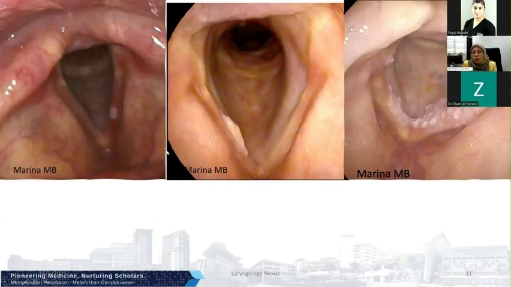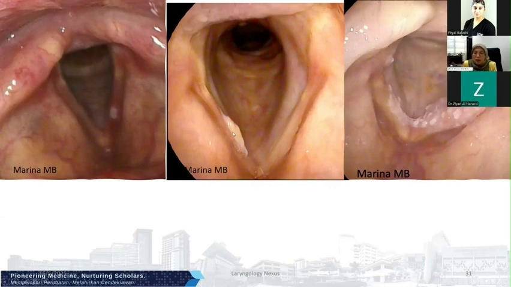So I have my own collection of cases which shows that the single and smooth one turns out to resolve spontaneously with treatment, vocal hygiene, treatment for laryngopharyngeal reflux, and so on.